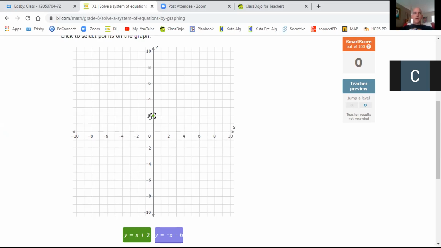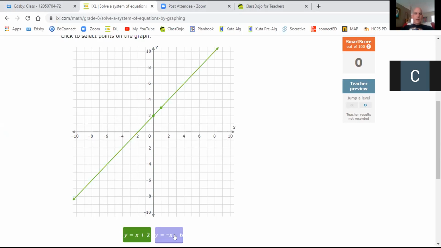That first number that comes in front of the x would be our slope. Well, since there's not a number shown there, that means that it is an understood coefficient of 1. It is 1x there, okay? So our slope is 1, or if we wrote that as a ratio, 1 over 1. So we would go up 1 over 1 to graph that line, right? And so that's our green line, that green equation, okay?